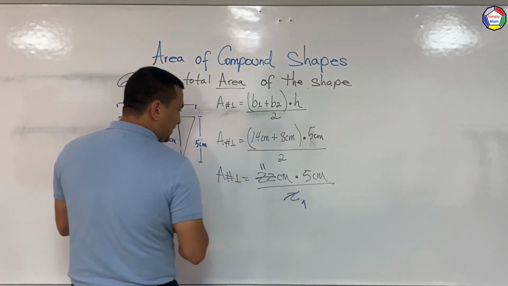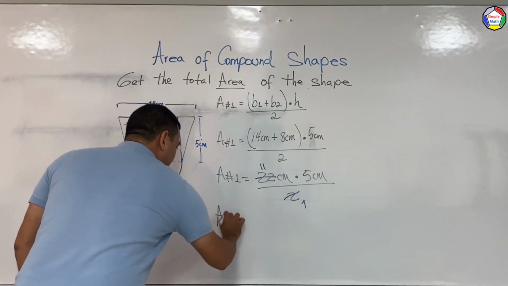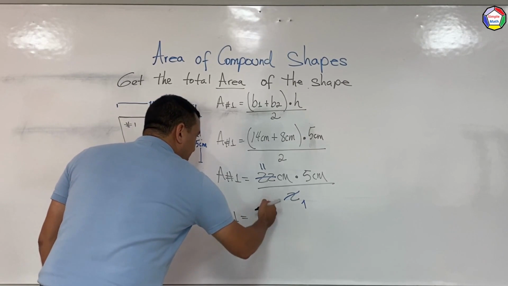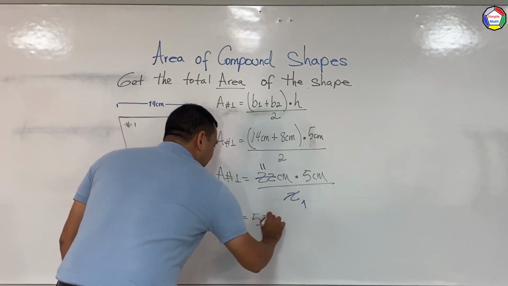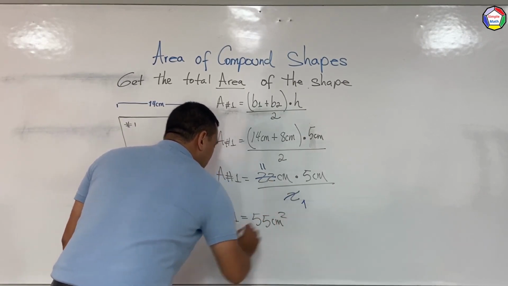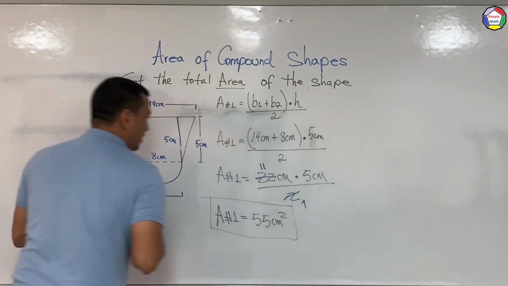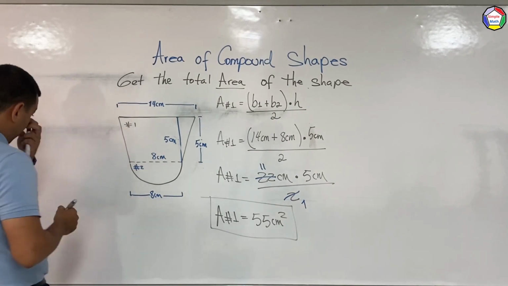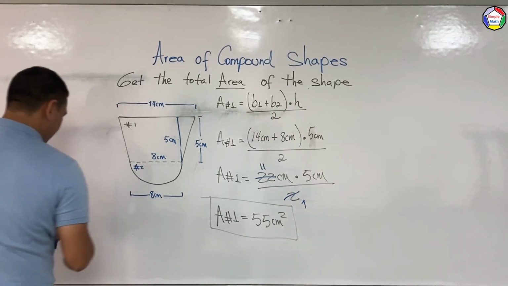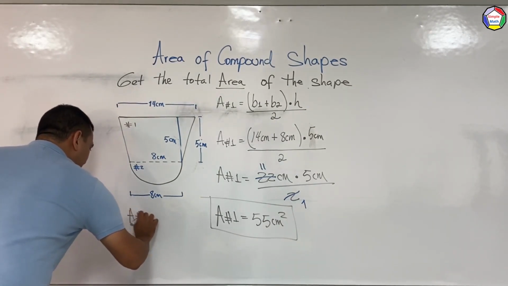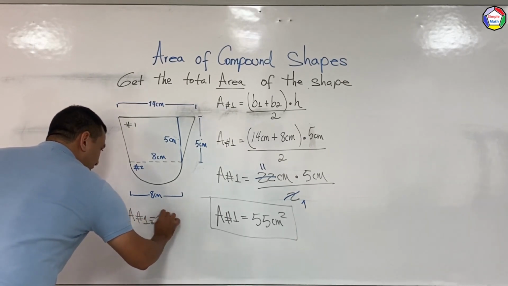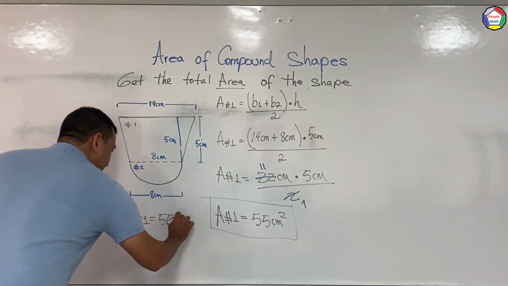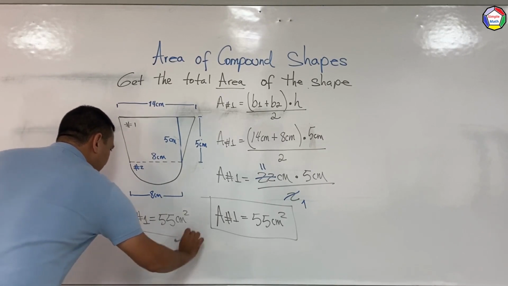So 11 times 5 is 55. The area of the plane shape number 1 is equal to 55 centimeters squared. This is the area of the trapezoid, so I will keep this here.